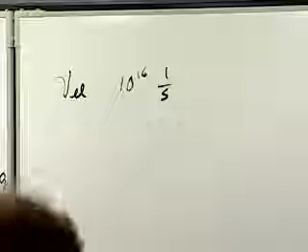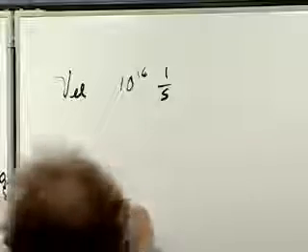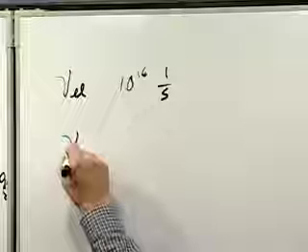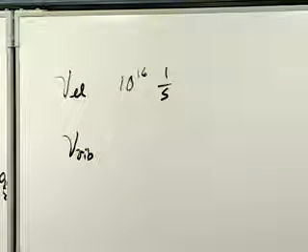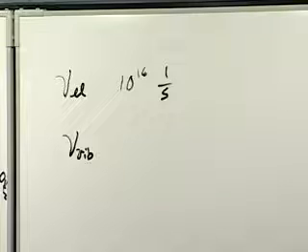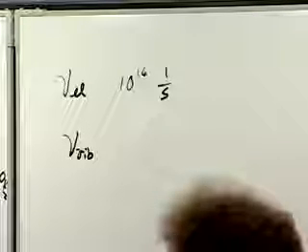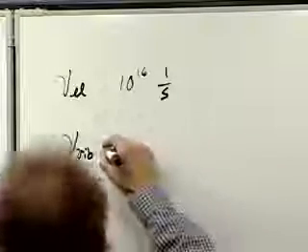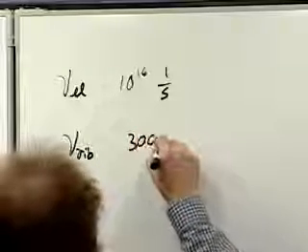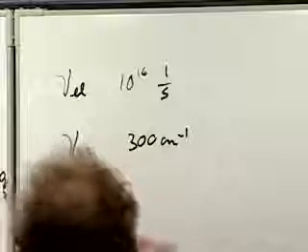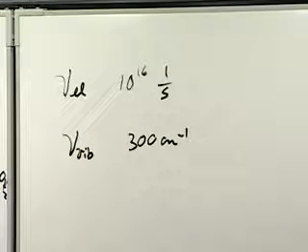That's for the electron. The frequency of vibration of metal ligand bonds is something of the order of, say, 300 centimeters to minus 1. That's for a metal ligand bond, the iron oxygen.